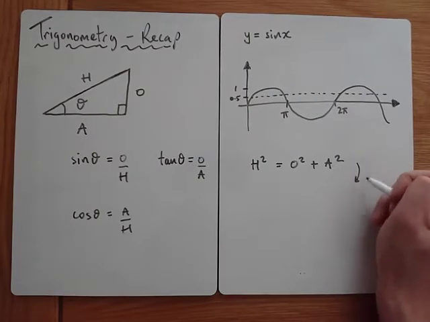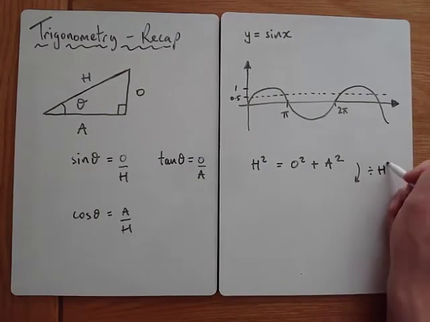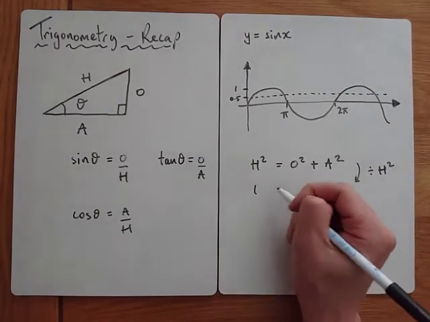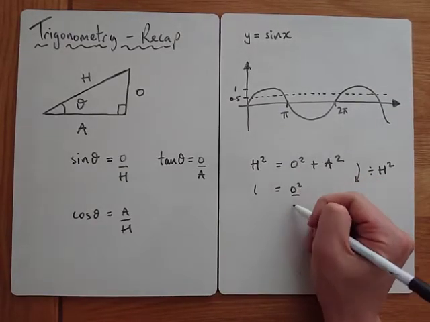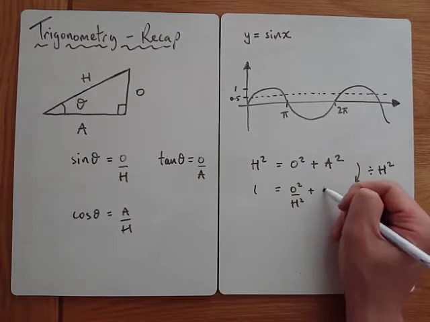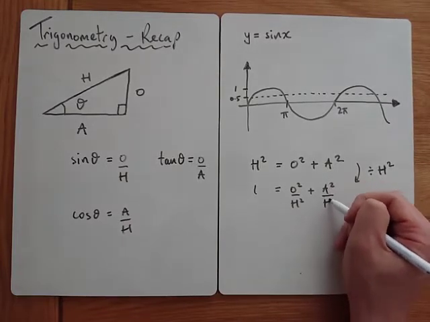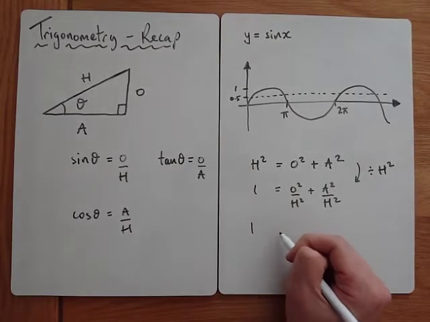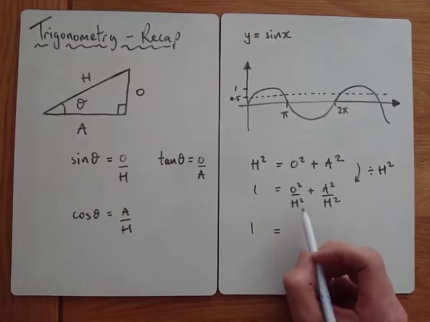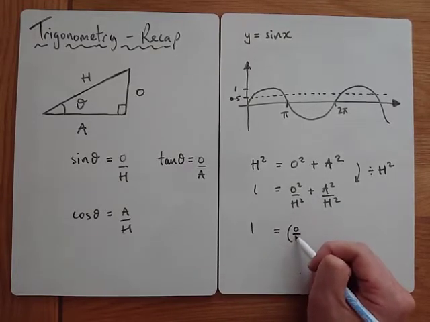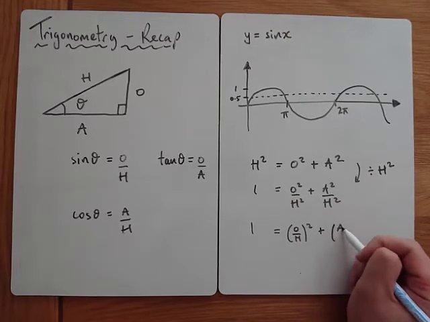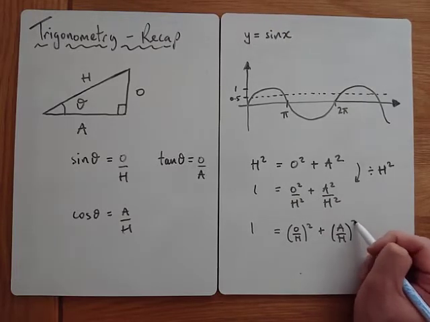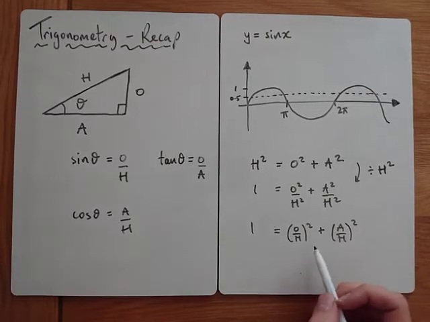If we divide throughout by h squared, that would give me 1 equals O squared divided by h squared plus A squared divided by h squared. I'm going to write that as O over h all squared and A over h all squared. Can you see why?